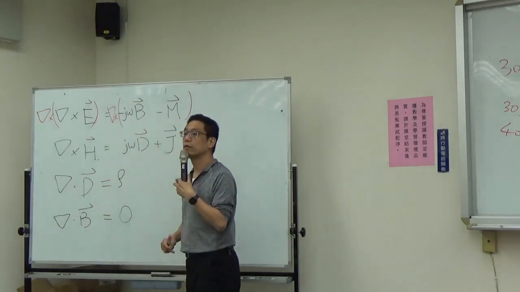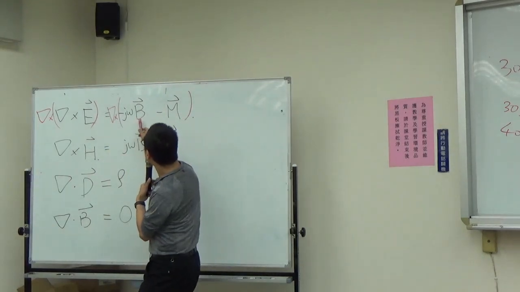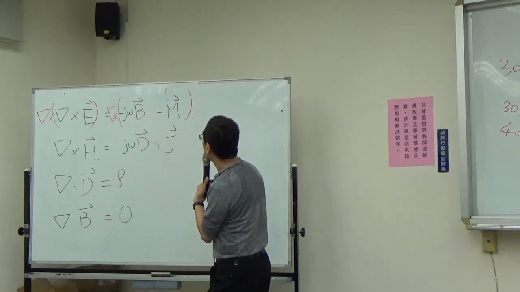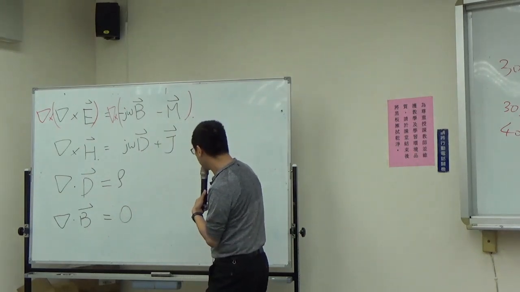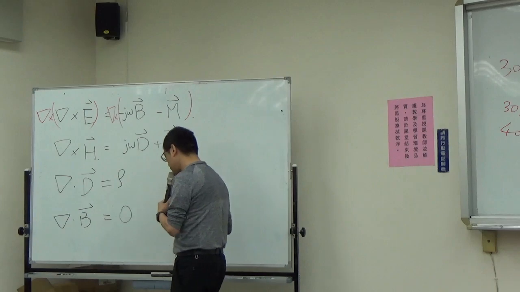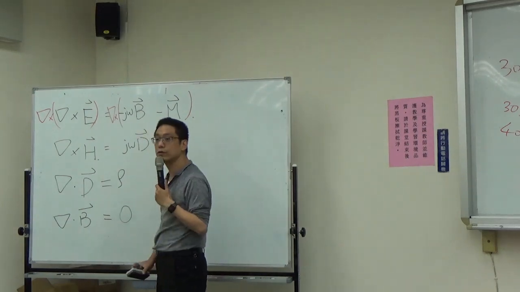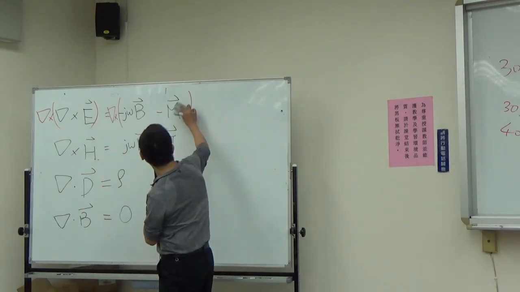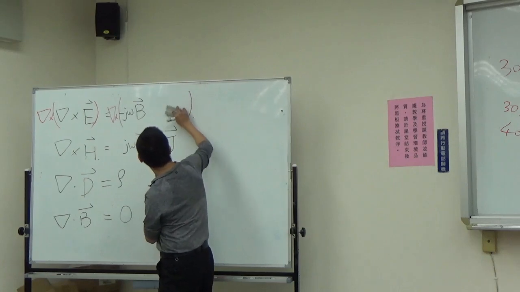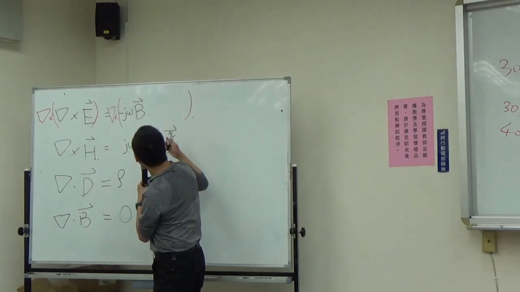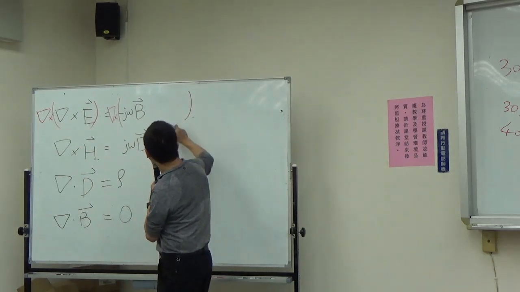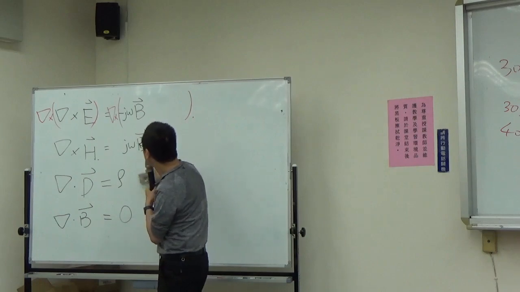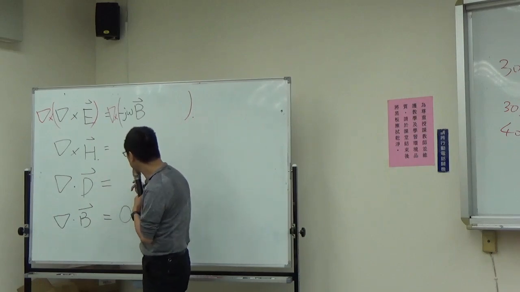Okay, what happens if I do that? Because when we started, I told you that there is no source, right? So I can take this part to 0, and I take this part to 0, and I take this part to 0.